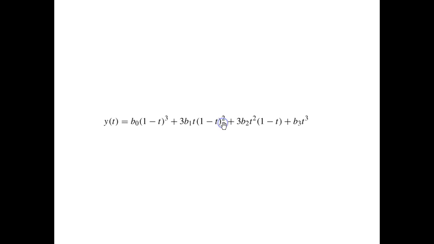The y of t, the only difference I see here is that the t's and 1 minus t's are exactly the same. It's just your coefficients are now different. For x, it was a0, a1, a2, and a3. Now it's b0, b1, b2, and b3.